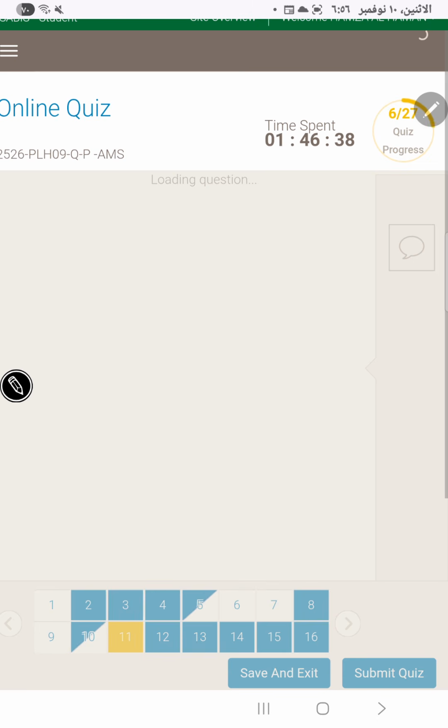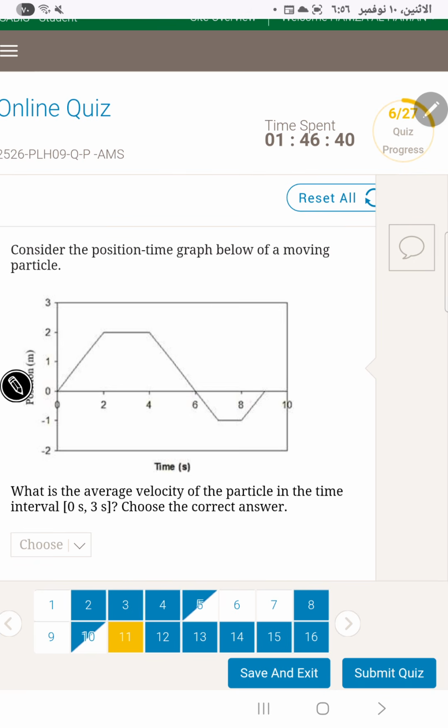Next question, number 11. Consider the position time graph below of a moving particle. What's the average velocity of the particle in the time interval from 0 to 3? Now, from 0 to 3 means here you have 3. You have to take 2 points. Average velocity is delta x over delta t.